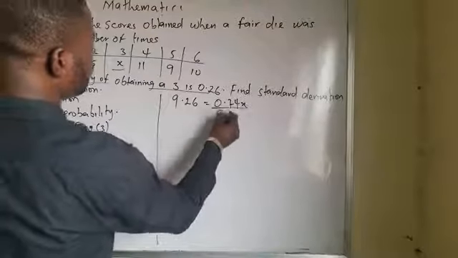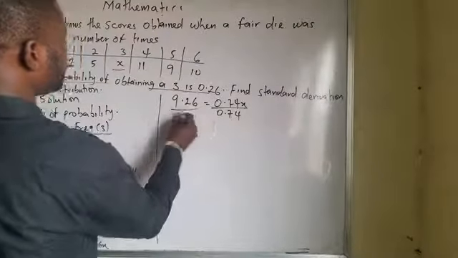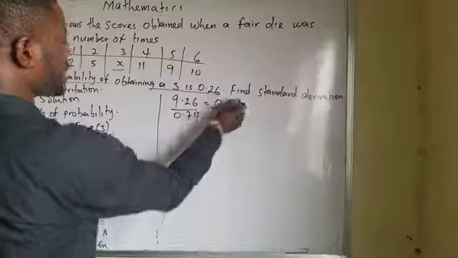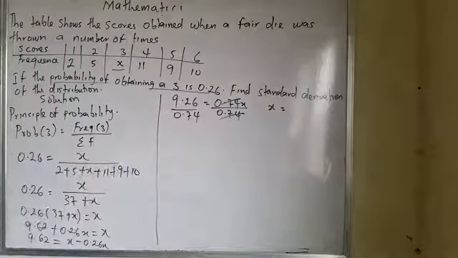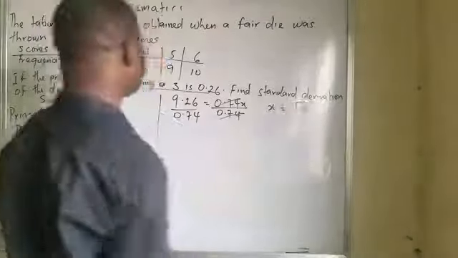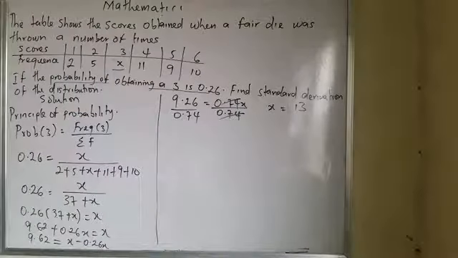If I divide by 0.74, this will cancel this. My x will be equal to 13. Now it means my x equals 13.